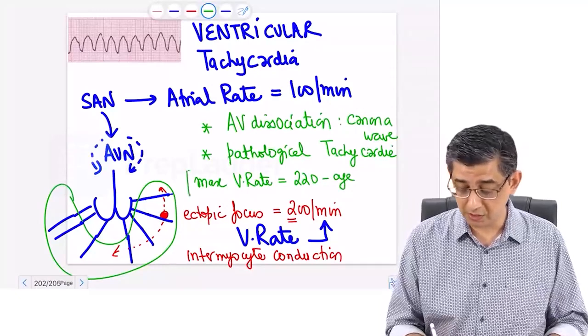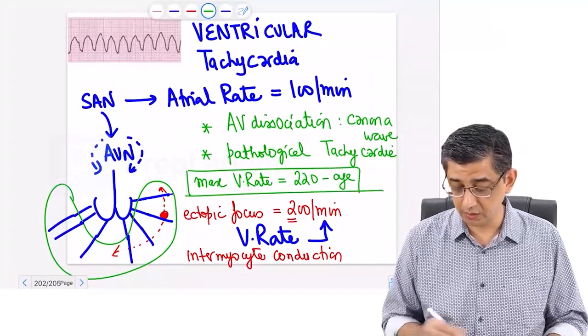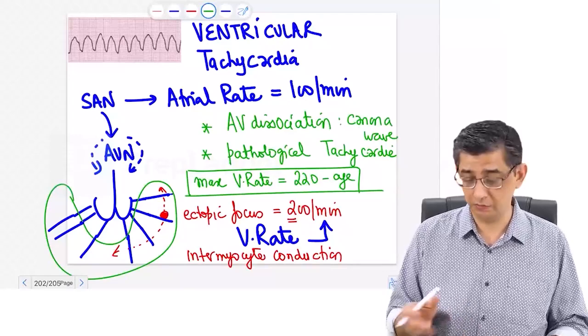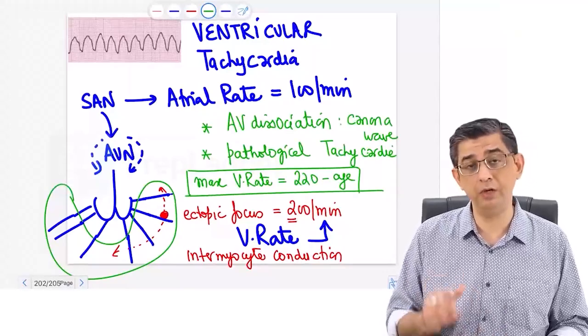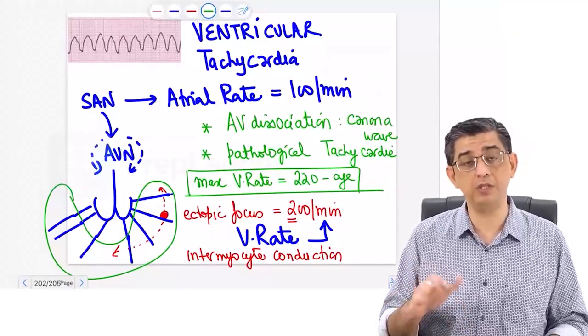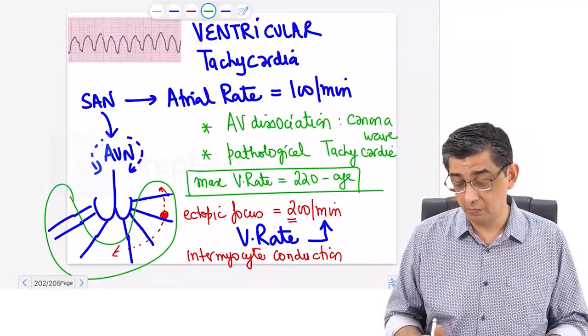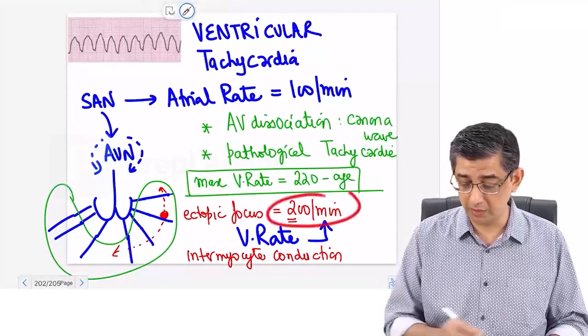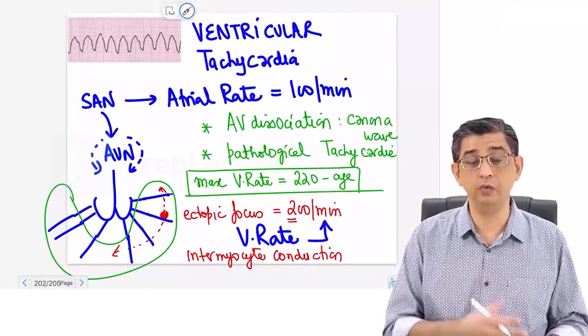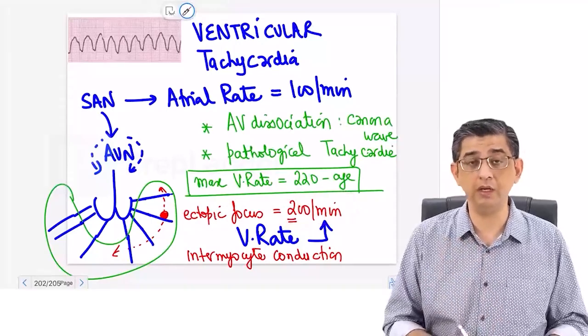But if a person of 60 years of age is having a heart rate of 200, it is not normal. By the formula, the maximum physiological ventricular rate for a 60-year-old man will be 220 minus 60, that would be in the range of 160 per minute. But if a 60-year-old man post-MI is having a heart rate of a huge 200 per minute, it is a pathological tachycardia. And what is the problem with pathological tachycardia?